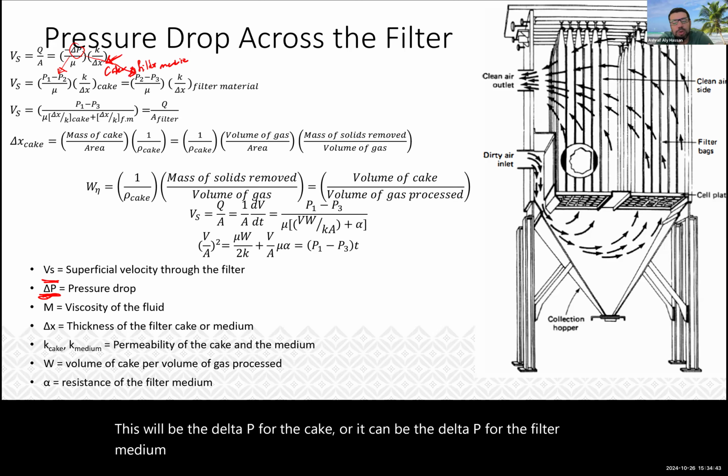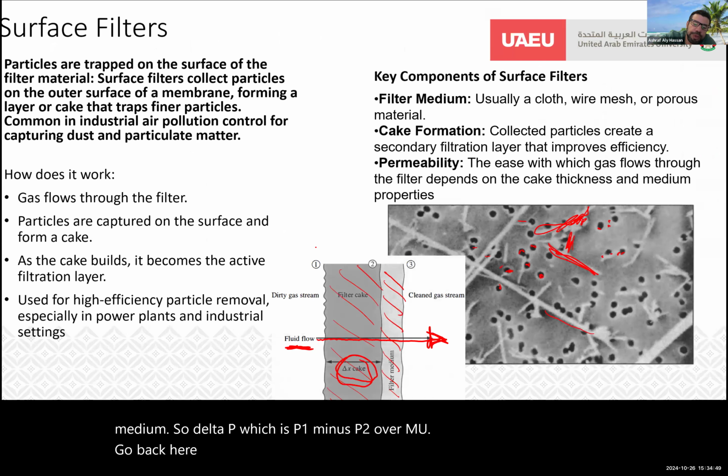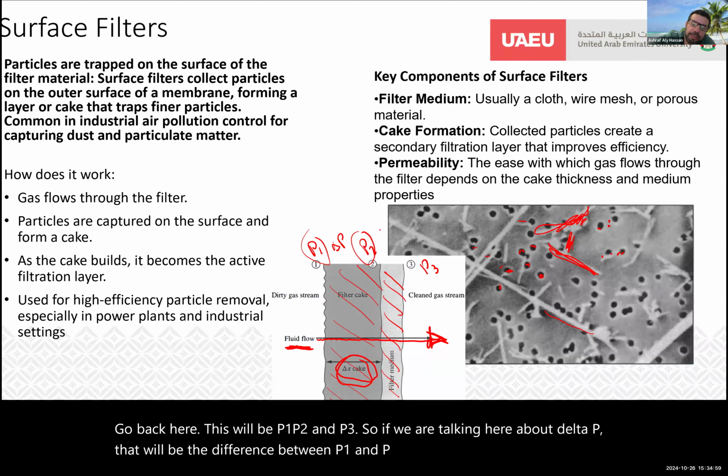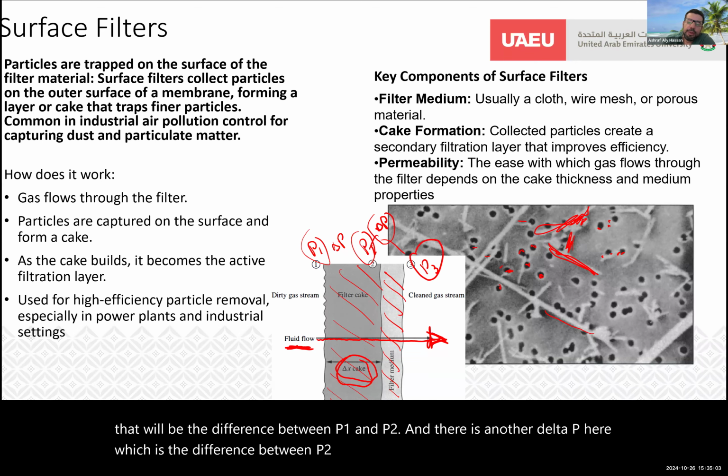So delta P is P1 minus P2 over mu. Okay, go back here. This will be P1, P2, and P3. So if we're talking here about delta P, that will be the difference between P1 and P2, and there is another delta P here, which is the difference between P2 and P3.